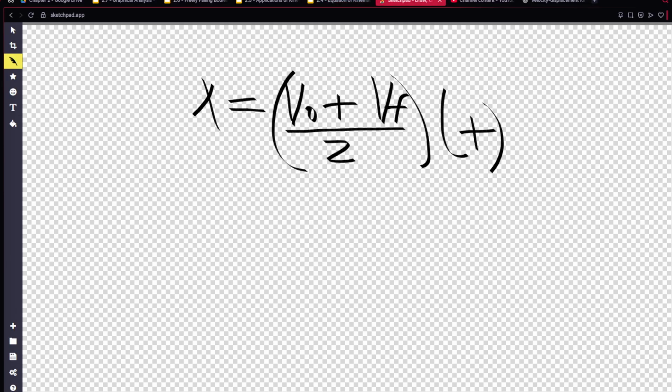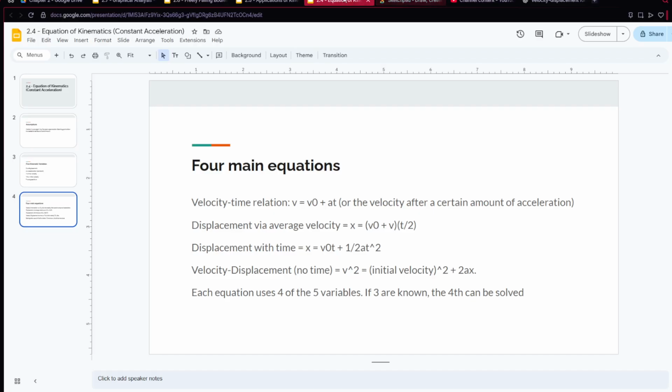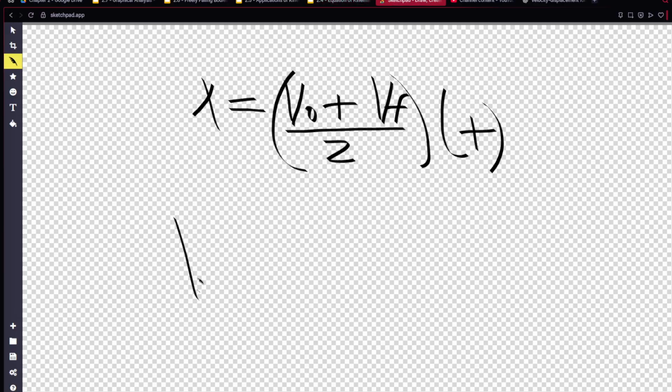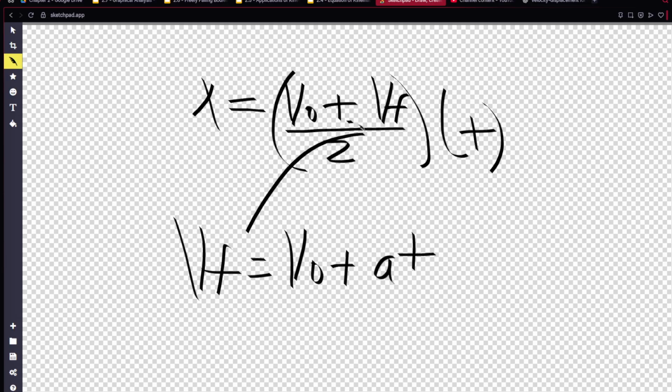Yeah, we solve for V0. And again, we have the final velocity equals V0 plus at. So we could just plug this right here back. Or we could solve for V0 and it would still give us the same thing. Actually, I'm going to check that right after.